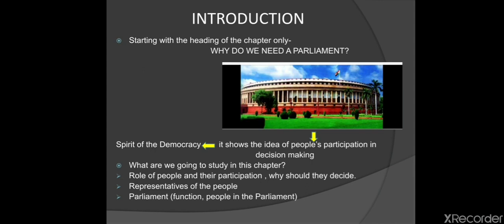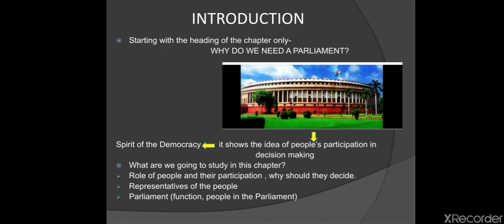So for today I will be taking the role of people, representatives of the people, and the people in the parliament. I'm leaving one portion today, that is the role of the parliament. Okay, role of the parliament we will study in the next lecture.